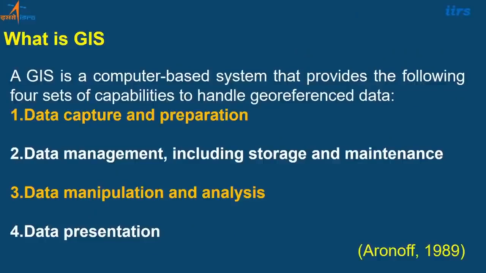Similarly, if we talk about GIS, it is a computer-based system that provides the following four sets of capabilities to handle georeferenced data. You remember it. What is this GIS? It is basically a system for the capture and preparation of georeferenced data, the data which has location information built into it.